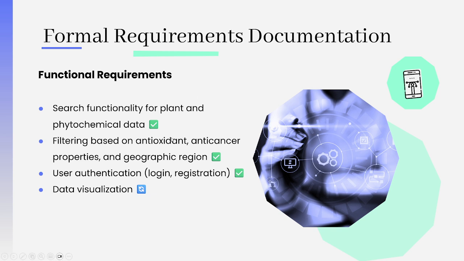And user authentication. The system includes a user authentication feature allowing users to register, log in, and access personalized features. This has been partially completed and ensures secure access to the platform. And data visualization: users should be able to visualize chemical structures and other relevant data in an interactive manner.